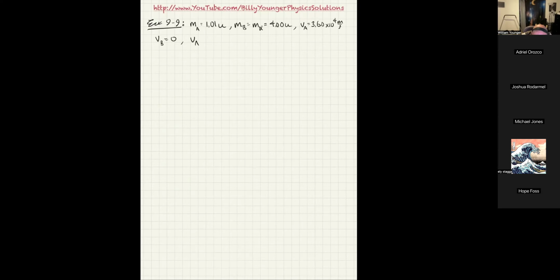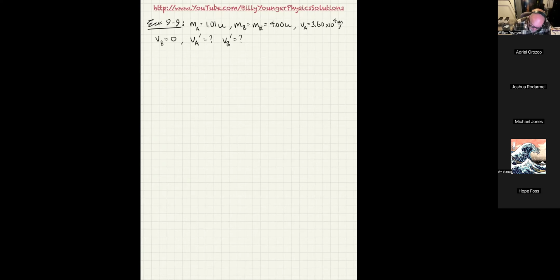But what we want to know is VA prime and VB prime, which are, of course, the final velocities of the proton, which is the 1.01 atomic mass unit, and VB prime is the final velocity of the alpha particle, which is the 4.00.